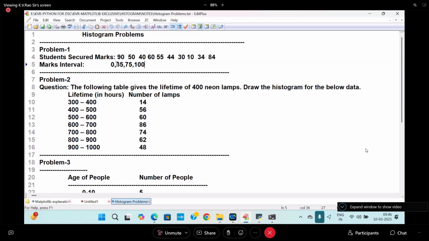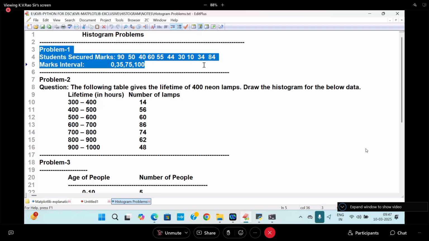What are the 0 to 35 values taken here? 30, 10, 34. How many values? 3 values. Next, 35 to 75. You know the rest of them. I think this is a very small problem.